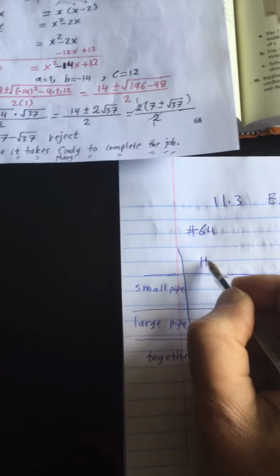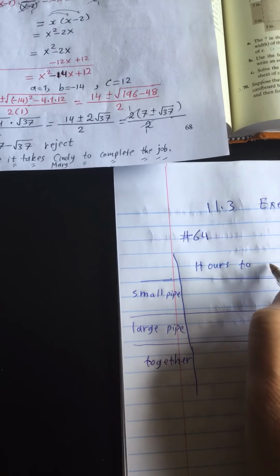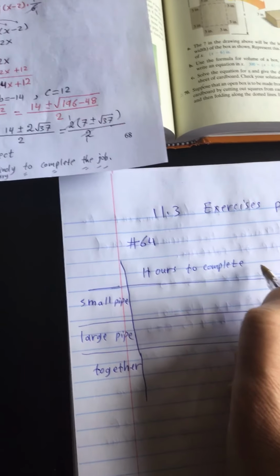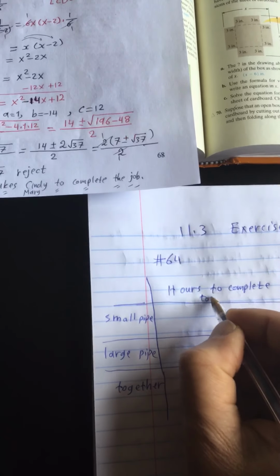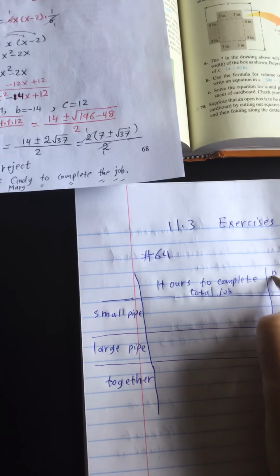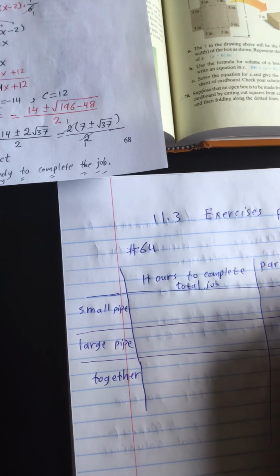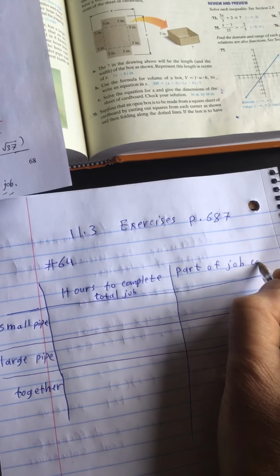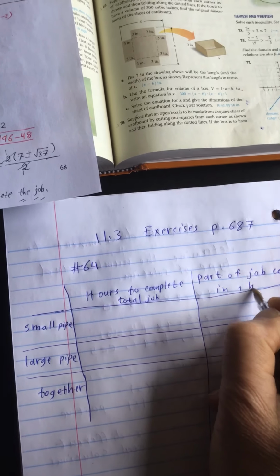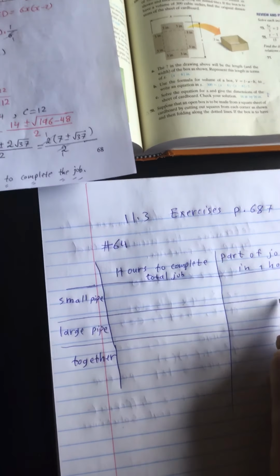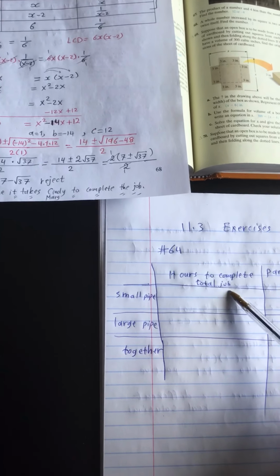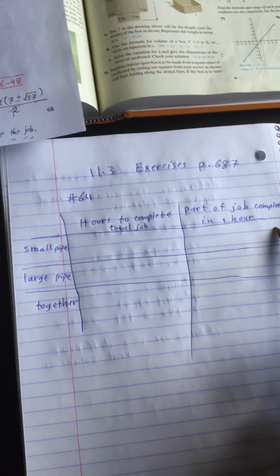So here: hours to complete total job, then part of job completed in 1 hour. This is in general for any problem like this. So we have hours to complete total job, then part of job completed in 1 hour.